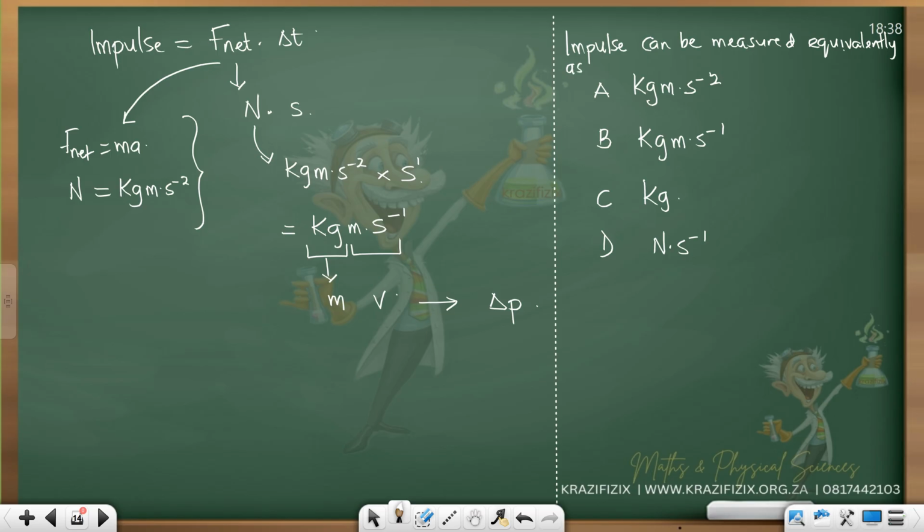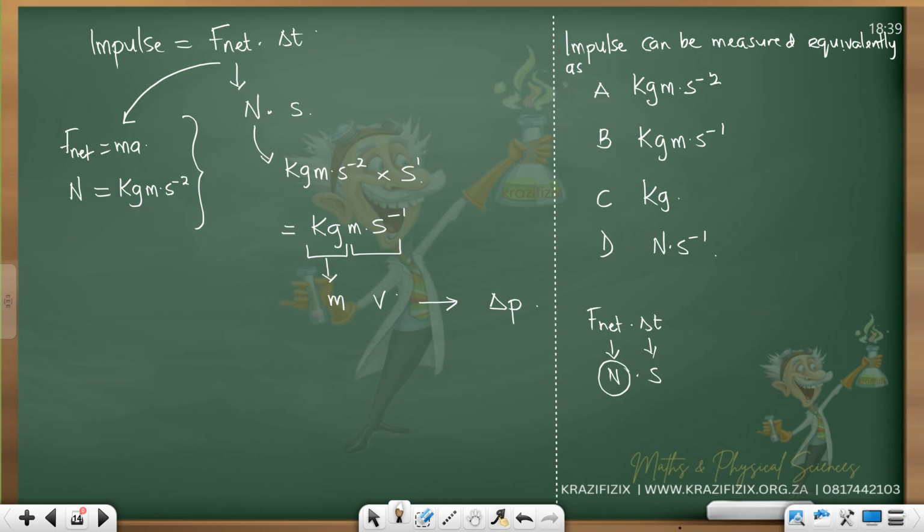Now, in your head, when you are thinking, what is impulse? You bring out the definition. Impulse is F net times delta T. F net is Newton, time is seconds. Then you check. This one has a negative 1 on top. Wrong. What do I need to do? Now you start breaking things down.